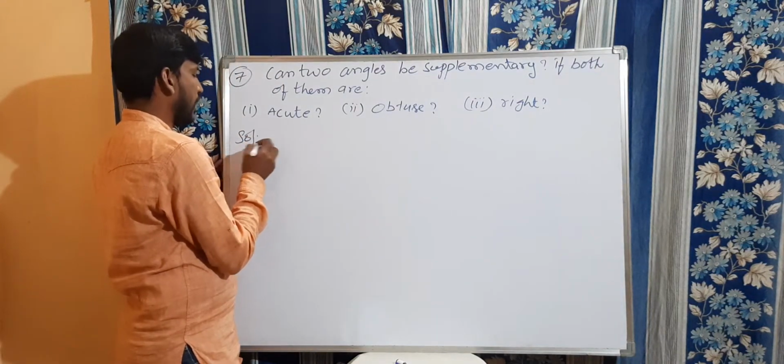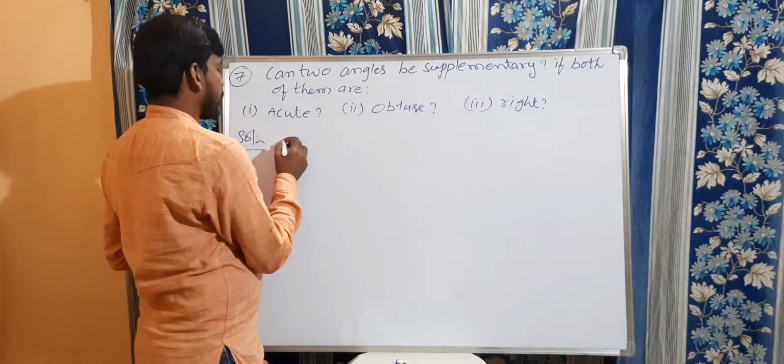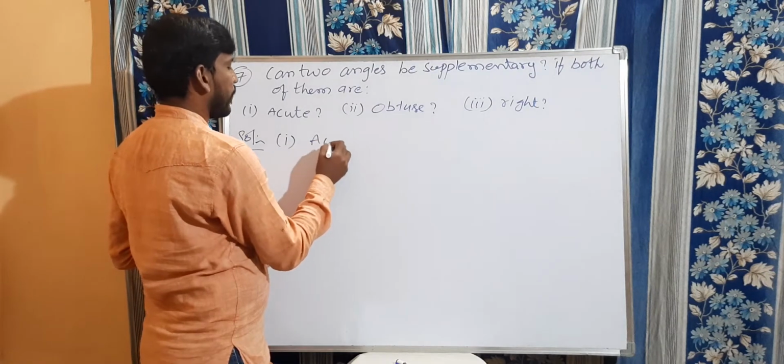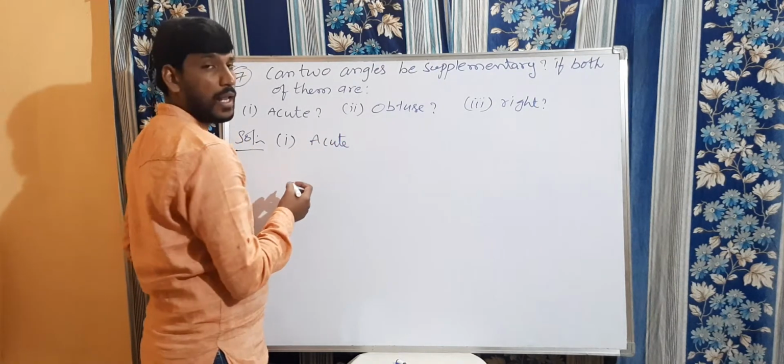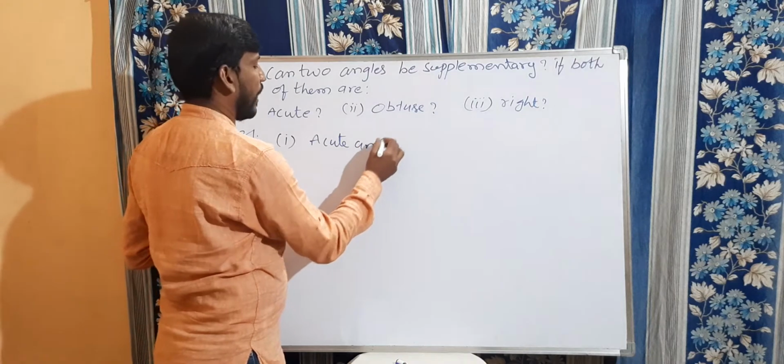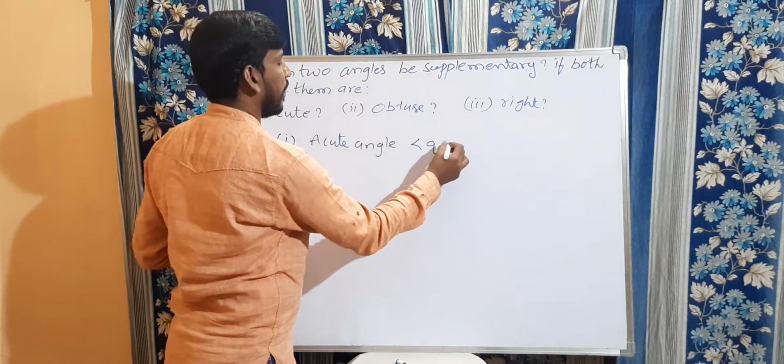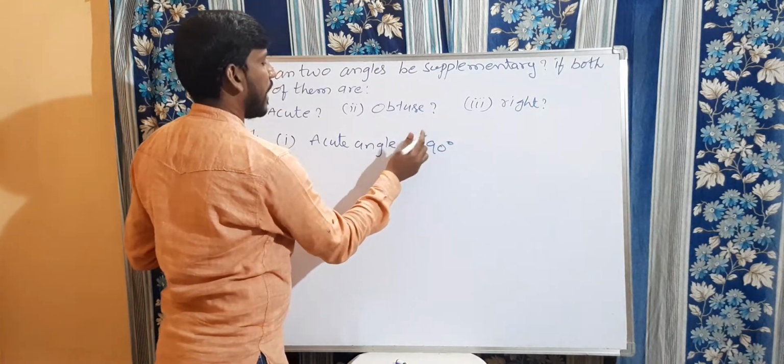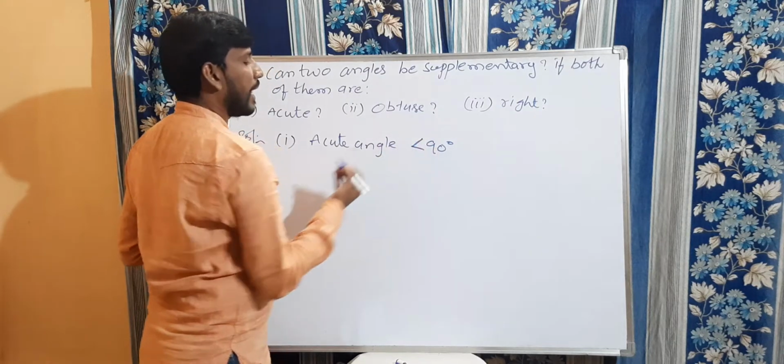Right, children? Let us see this. The first one is case 1, acute angles. What is meant by an acute angle? An acute angle is always less than 90 degrees, below 90 degrees.